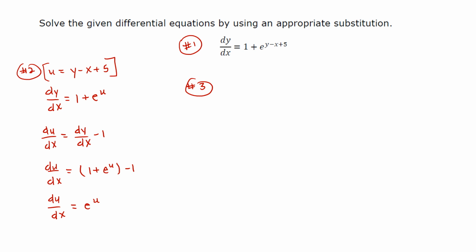So to rearrange this equation, we'll just have du over e to the u equals dx. Okay, and we can rewrite this as e to the negative u du equals dx. Okay, so then step number 4, we are now going to integrate both sides.